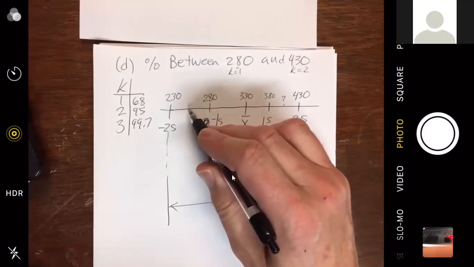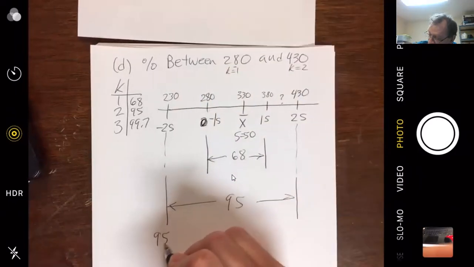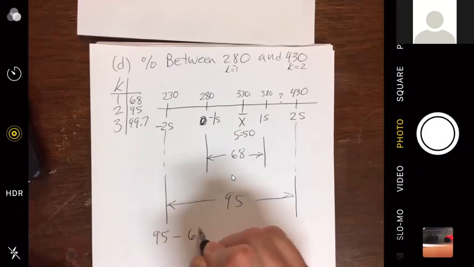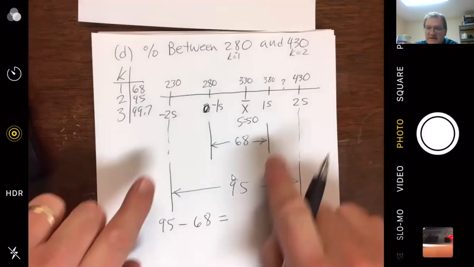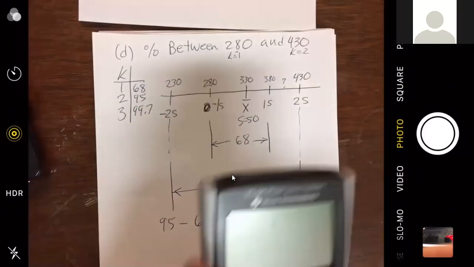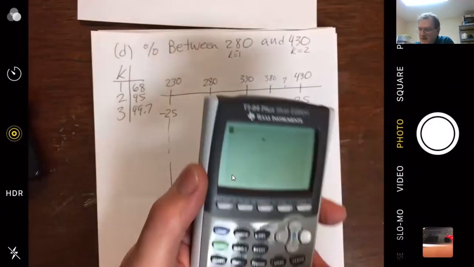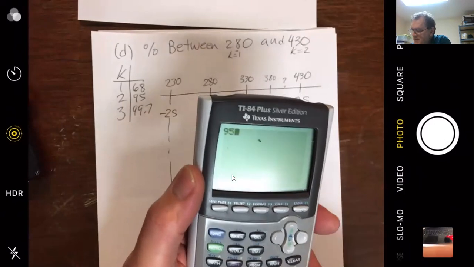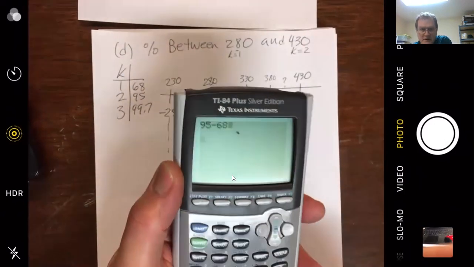Right, but that's not the answer. It's important because that'll tell me what's outside the 68, to add to the 68. I'm going to have to divide it by 2. So if I go 95 minus 68, what would I come up with?